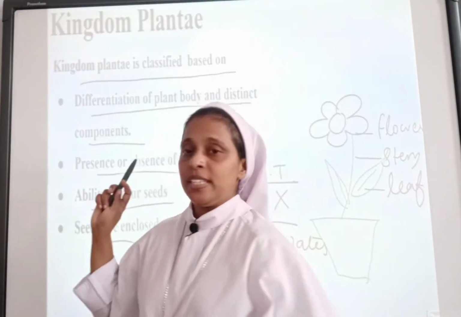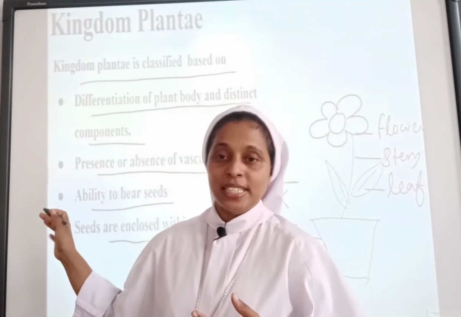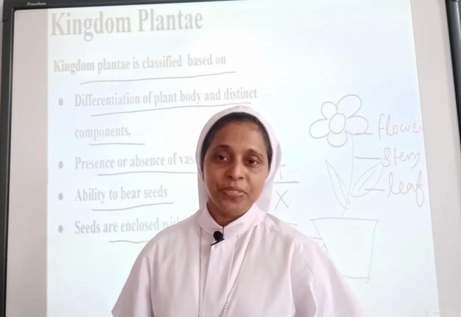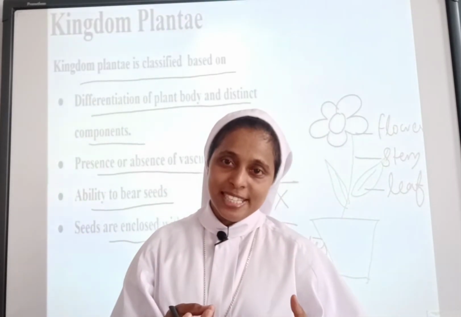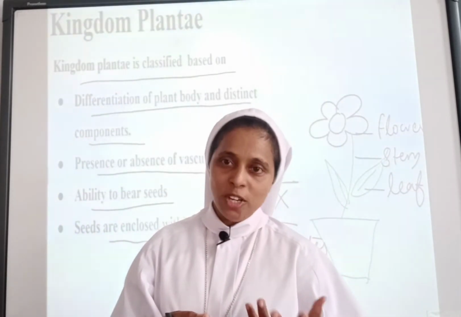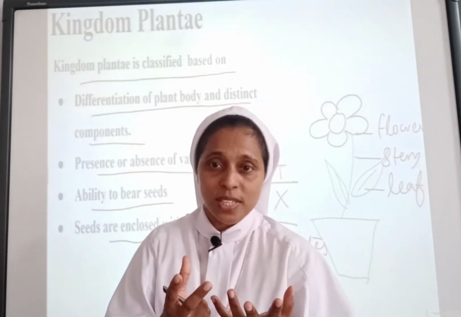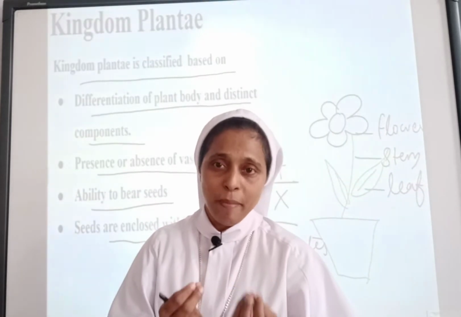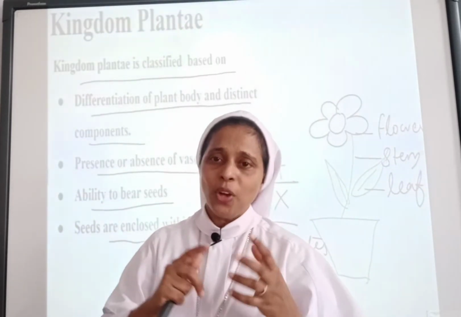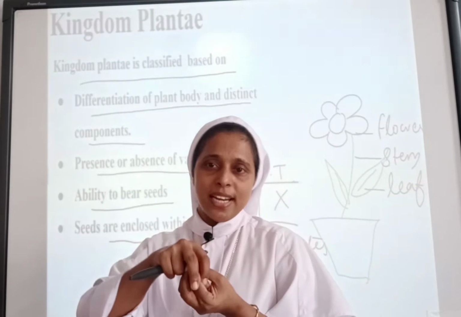And the next point based on which he classified is the ability to bear the seeds. Some plants bear seeds, some do not. And the next point, seeds are enclosed within the fruits. As an example, we have learned mango and apple, where the seeds are enclosed inside the fruit.